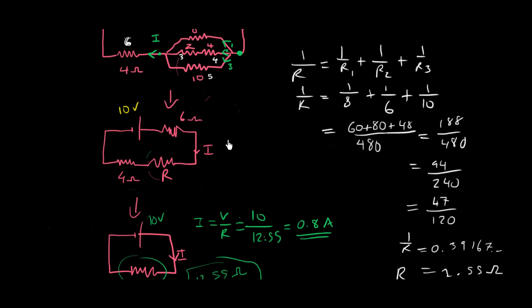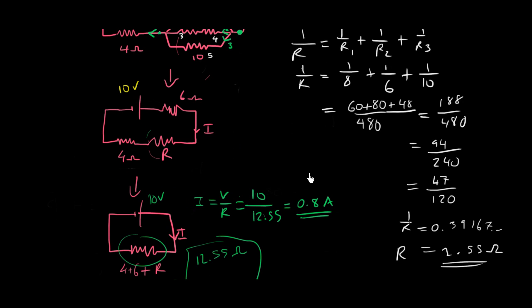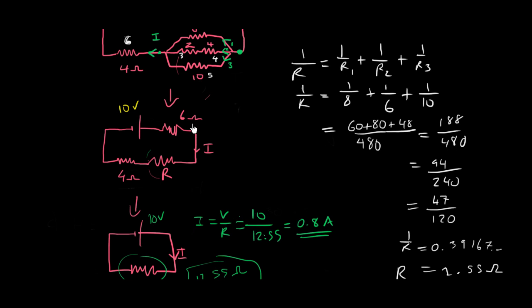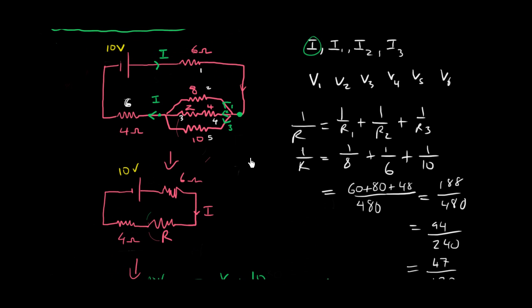Well, what's the current? 0.8 amps is going through the whole thing. So what's the potential difference across this resistor here? Well, 0.8 amps and 6 ohms means that the V of this resistor, which I've called resistor 1, so we're looking for V1 now.